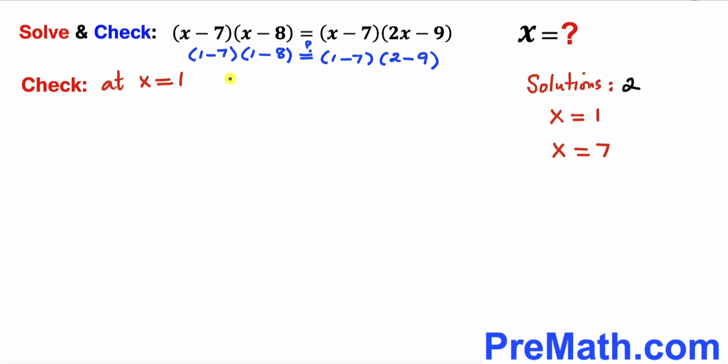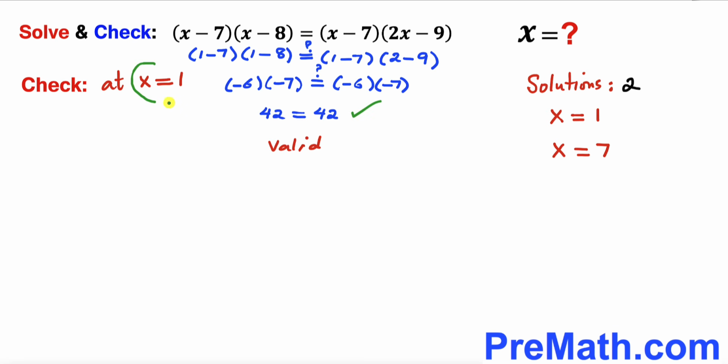On the left hand side we got negative 6 times negative 7, is it equal to negative 6 times negative 7? We can see positive 42 is indeed equal to 42 on the right hand side, and this is a true statement. So x equals 1 is our valid solution.